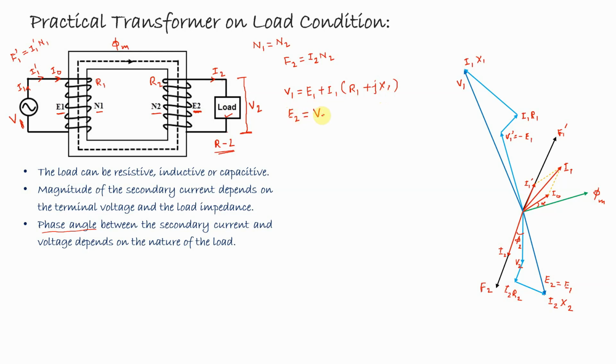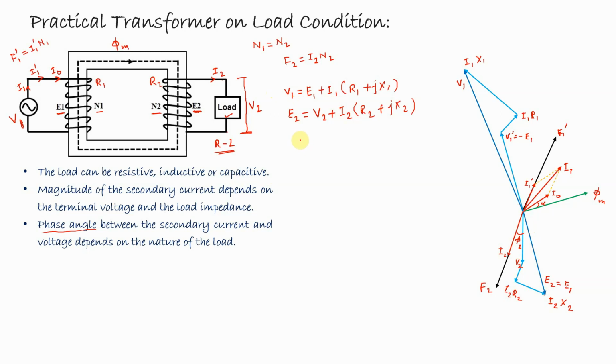It should be equal to the voltage across the load plus secondary current into secondary resistance and secondary leakage reactance. So from this phasor diagram, we can see that it is V2 plus I2R2 plus I2X2, and that will be equal to E2. So these are the voltage equations in primary side as well as in the secondary side.